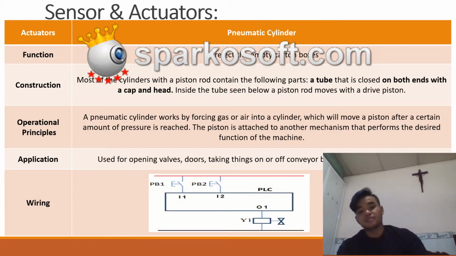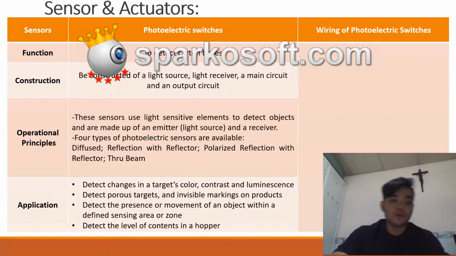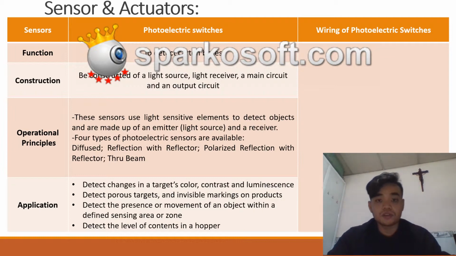For the wiring of this, we move on to the sensor: a photoelectric switch to detect carton boxes. Its construction is a light source, a light receiver, a main circuit, and an output circuit.